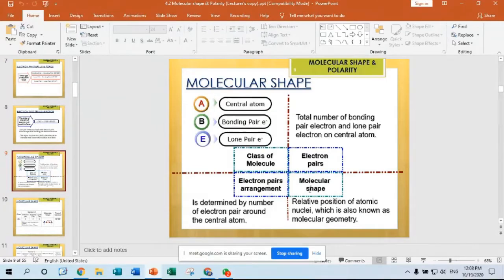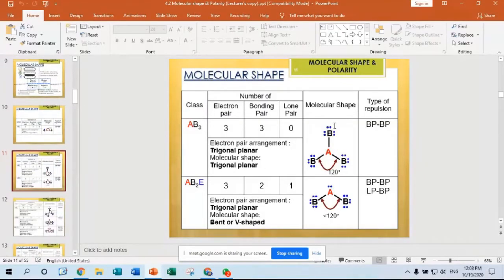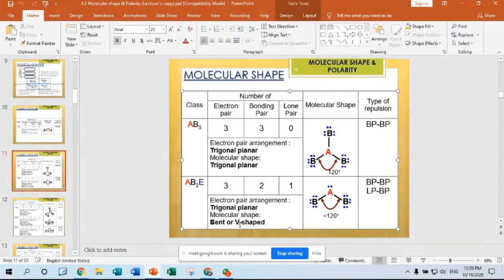Then the molecular shape has to be checked for the lone pair as well. So this one, linear. This one, trigonal planar as the basic shape. If there is one lone pair, we call it V shape. The electron pair arrangement is still trigonal planar, the shape is V shape. Initially it is 120 degrees. When there is a lone pair, it is less than that.